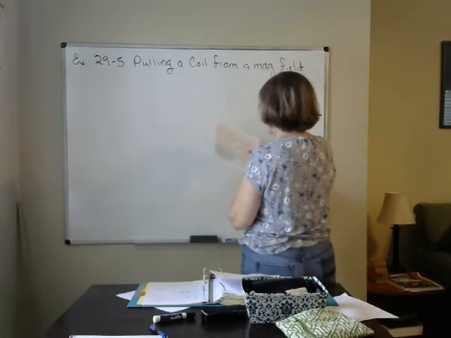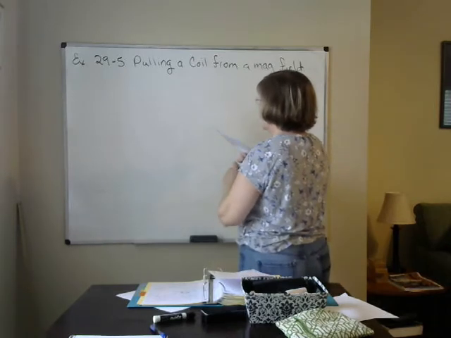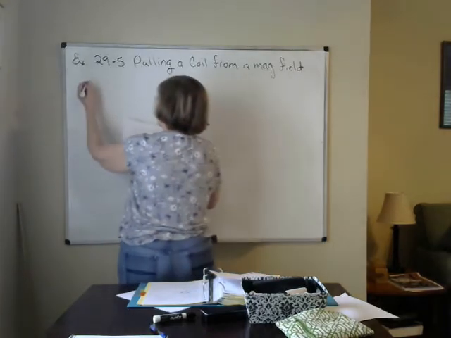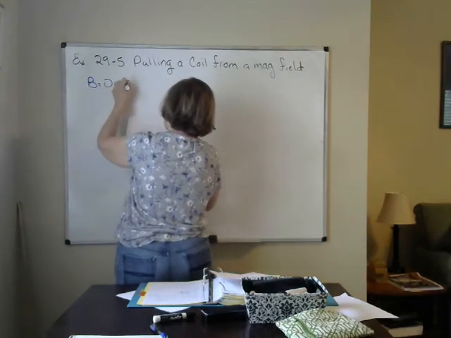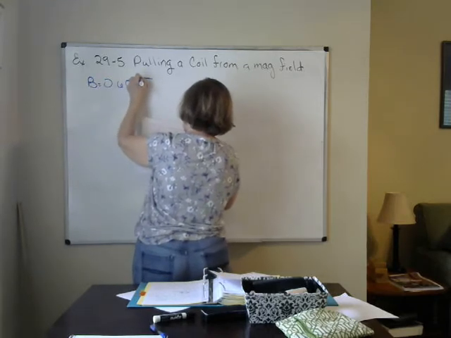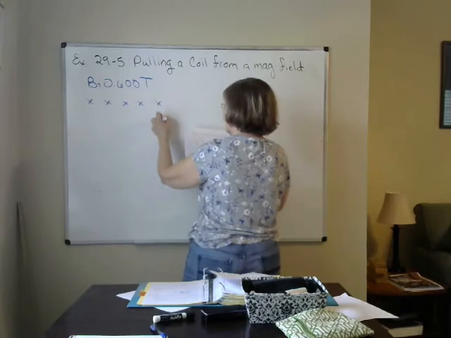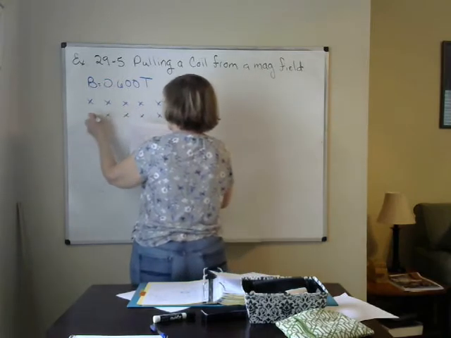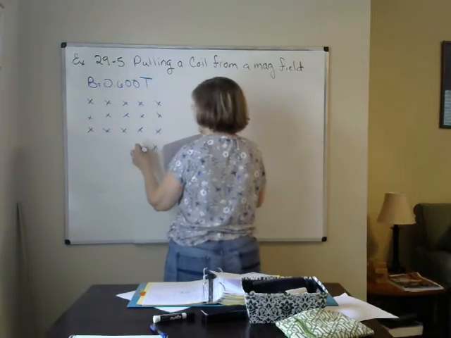Okay, so we start with a situation where we have a magnetic field, and it's going to point into the board. I like into the board because it's, to me, more obvious when you draw it.